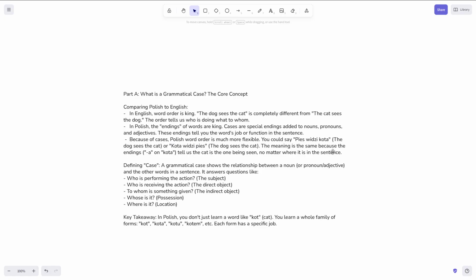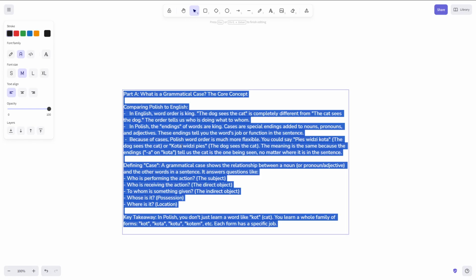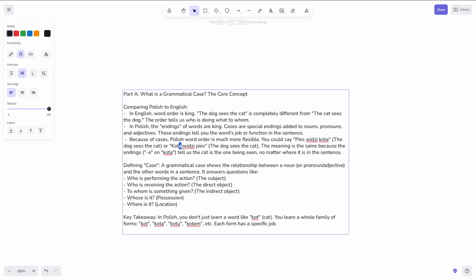Well, the meaning is the same because the ending, in particular the additional a in the word kota, tells us the cat is the one being seen, no matter where it is in the sentence. It could be at the beginning, at the very end, 20 words later, it could be anywhere. It means that the cat is being seen, that it receives an action, okay? Just because of this little guy here, okay?